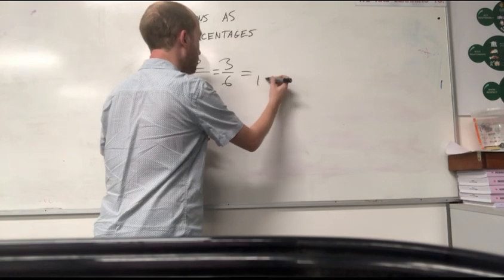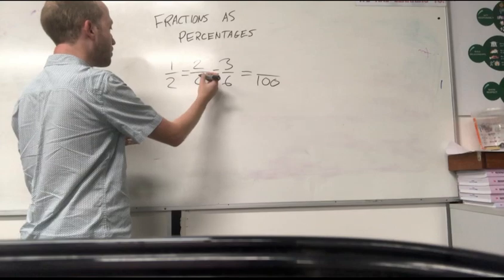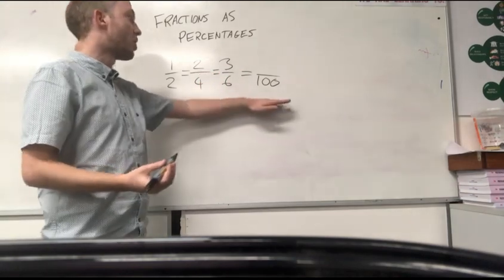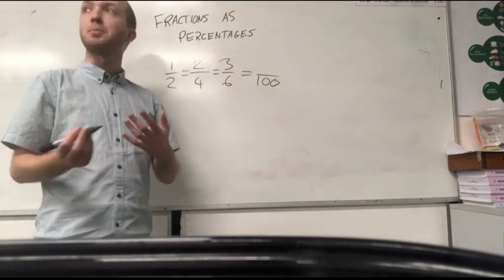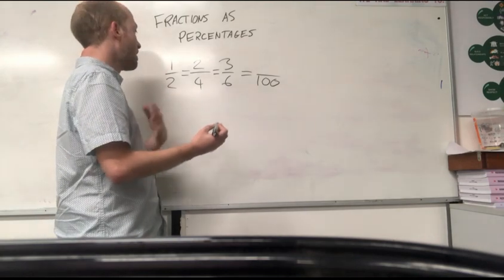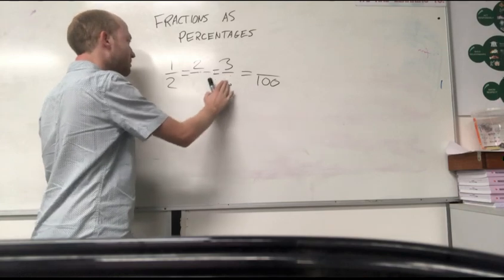So if 1/2 is equal to 2/4, which is equal to 3/6, what would I get if I was to have something over 100? I'll give you a minute or two to work this one out. If you want to pause the video, you can, but we'll quickly work it out together.